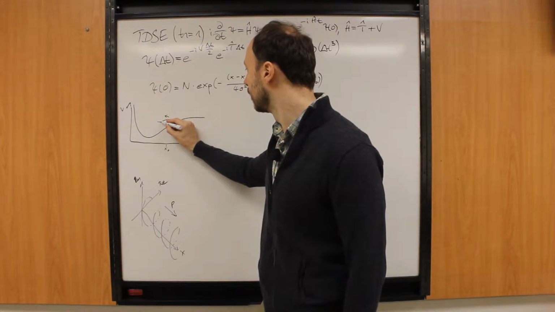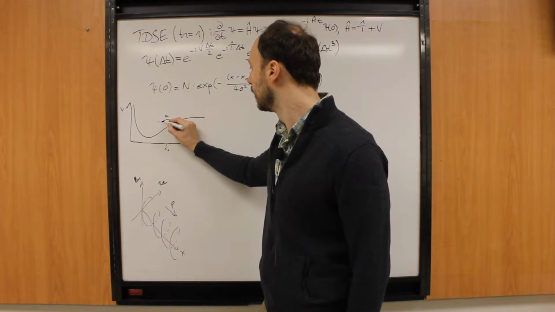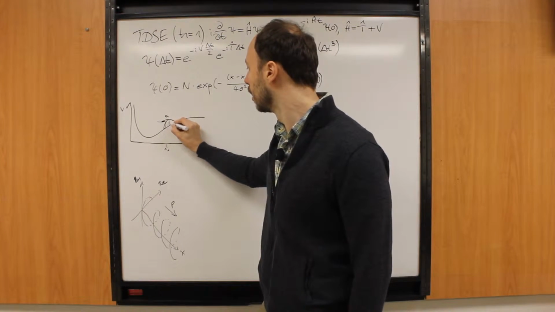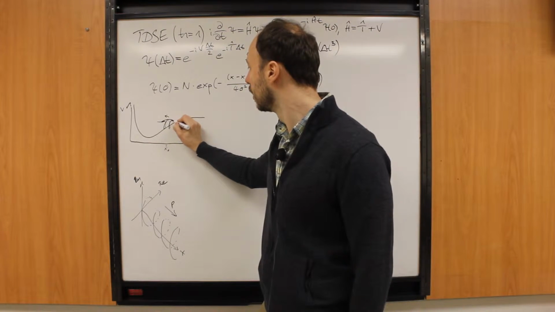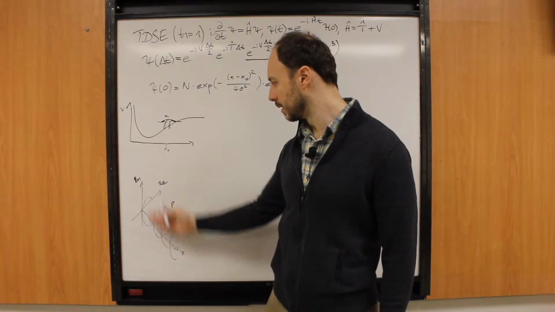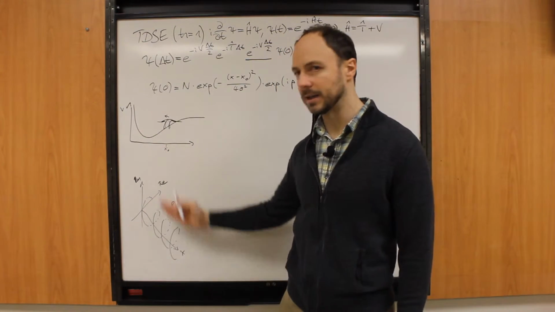So we have this, where the dotted lines are behind the real part equals 0 plane.